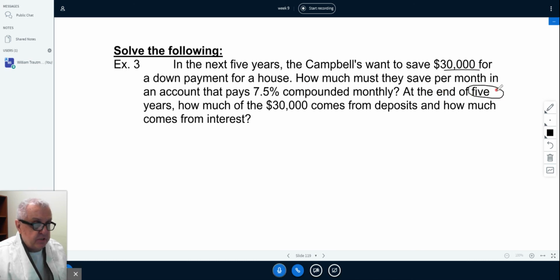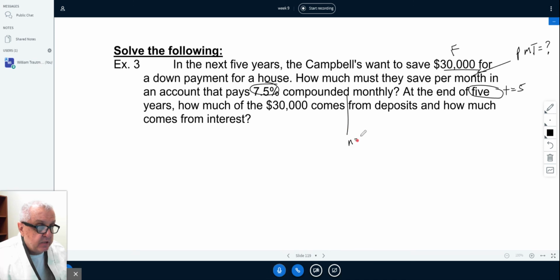This is going to be the future value. How much must they save per month? So we're looking for what the payment should be to get $30,000 in 5 years at 7.5% compounded monthly, n equals 12. So we're looking for the payment.